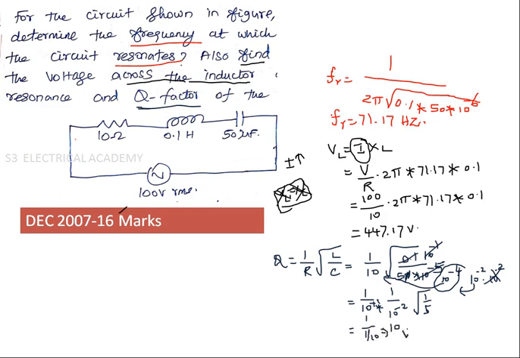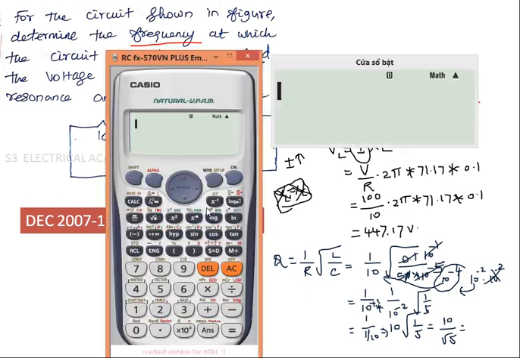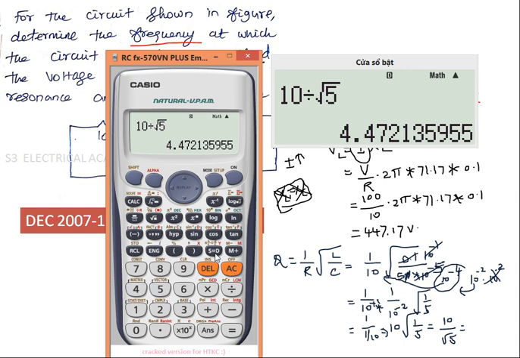So 10 into root of 1 by 5 is equal to 10 by root 5. 10 divided by root 5 is equal to 4.472. If you want to round off this value, it is almost equal to 5.